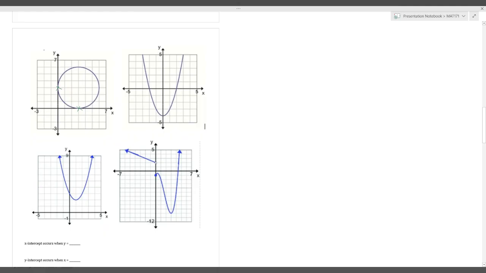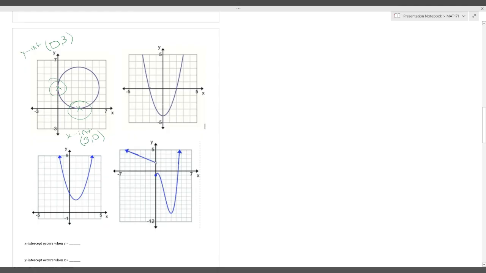And so we can see here that our y-intercept, where we touch the y-axis, is at the point (0, 3). And our x-intercept, where we touch the x-axis, is at the ordered pair (3, 0). Okay?